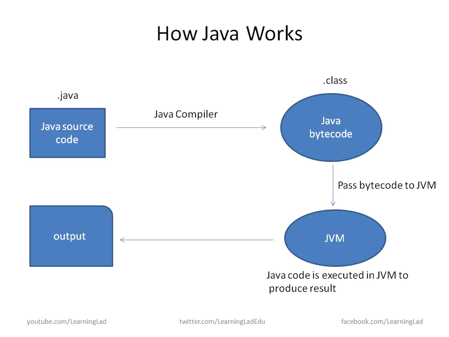All these platform specific JVMs are capable of executing the Java bytecode in the same way. So when we pass the Java bytecode to the JVM in Windows, it executes it, and when we pass the same Java bytecode to Linux and Mac, it executes it in the same way.